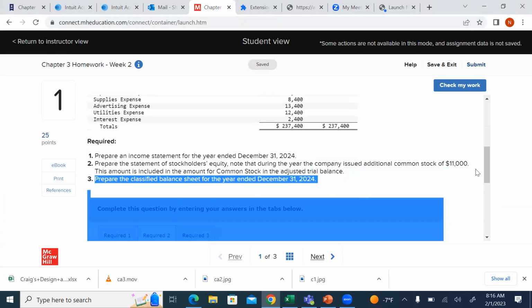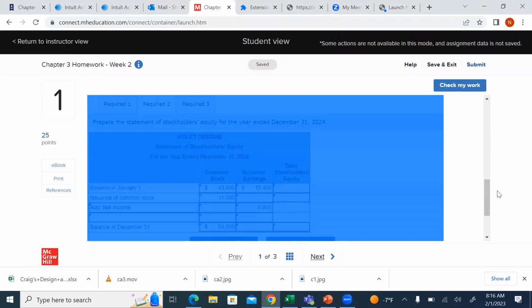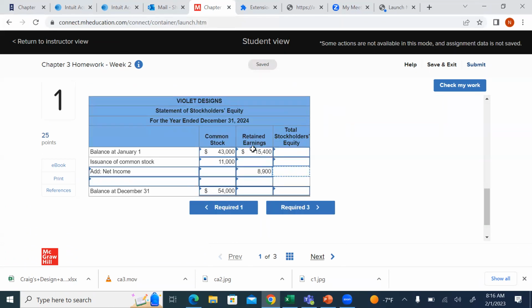No. But if we did pay dividends, they would be here as a debit on the trial balance. Dividends would be a debit. It doesn't show any, so we're not going to be subtracting any dividends. So our 15,400 plus our 8,900 gives us, is it 24,300?